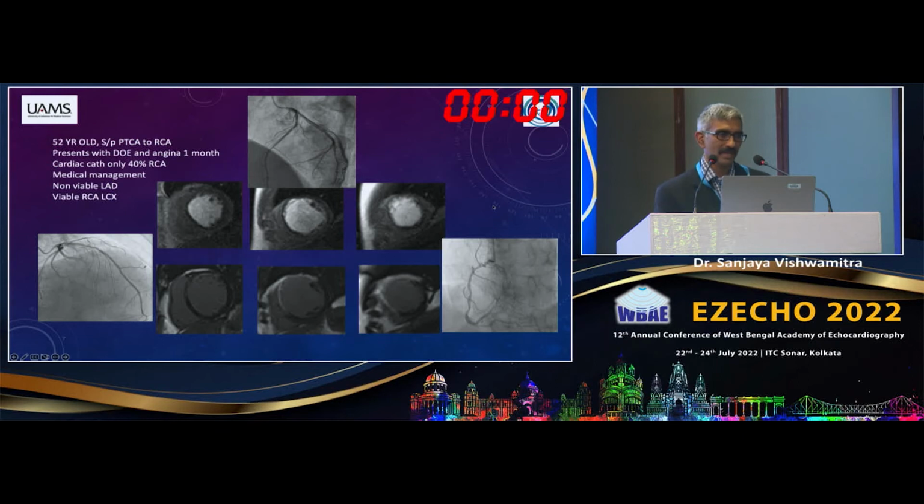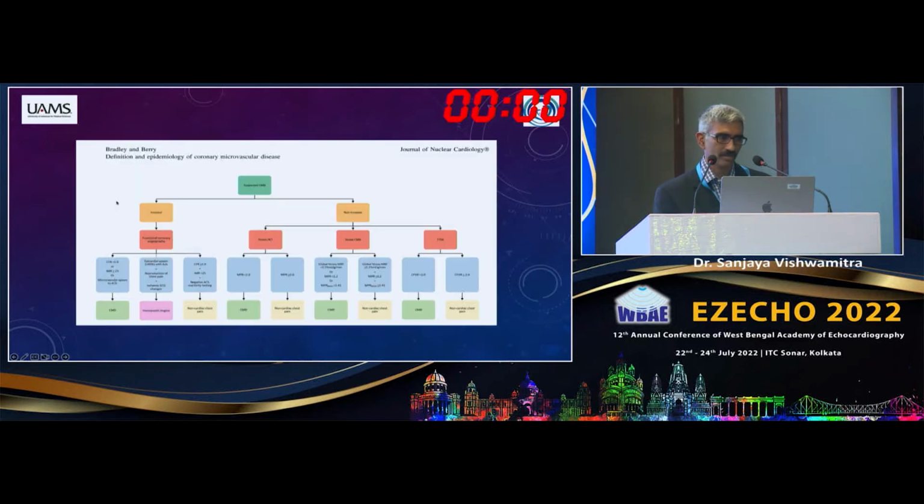This is from our institution, very similar to what I discussed earlier, where the catheter angiography is not really giving you an idea about the significance of the coronary artery abnormalities, yet these patients might have some degree of distal microvascular obstruction or distal problems. This patient went on to get medical management and also had this unsuspected left anterior descending infarct, which you saw on the delayed images.